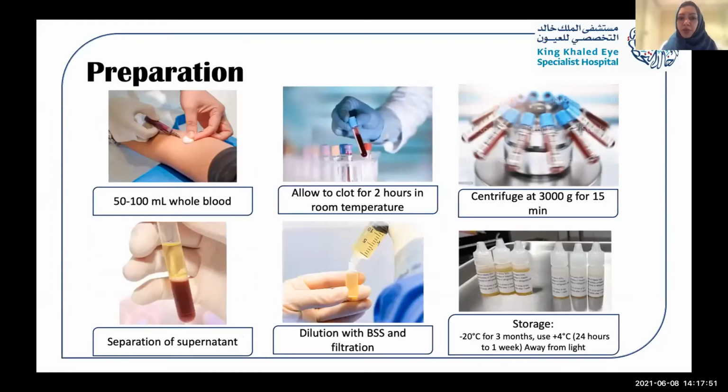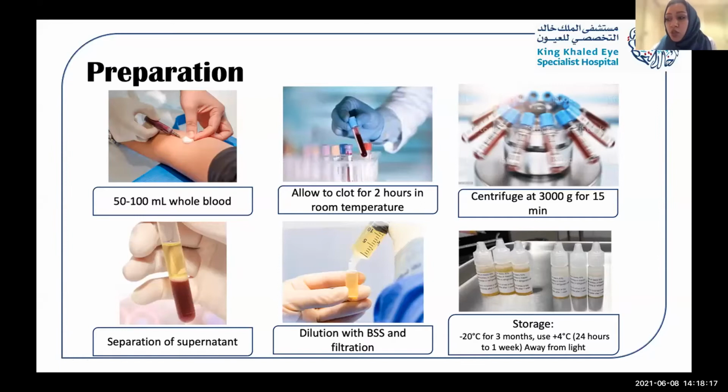So how do we prepare that? Briefly, we take the whole blood, we leave it to clot, and this is an important differentiation here. We leave it to clot for 2 hours at room temperature. Then we centrifuge it, and the transparent fluid that remains is the separated supernatant, and then we dilute it according to the concentration that we want.